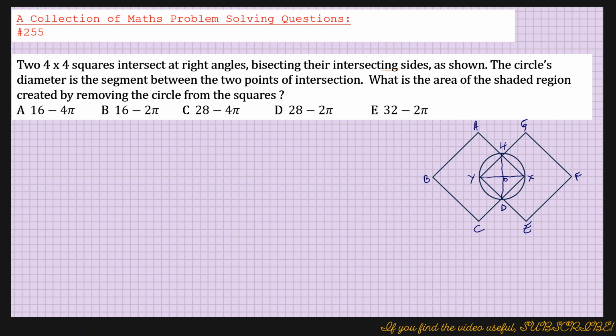So the required area would be the area of A, B, C, D, E, F, G, H, minus the area of the circle.